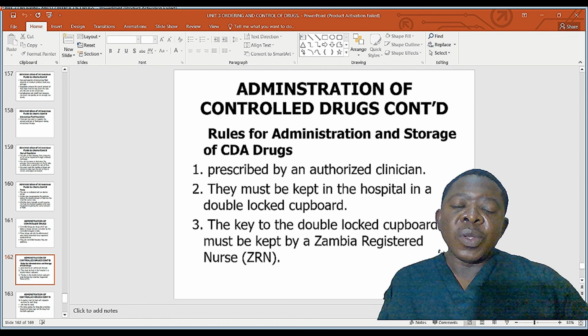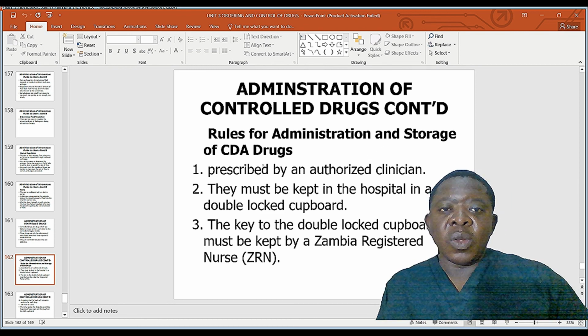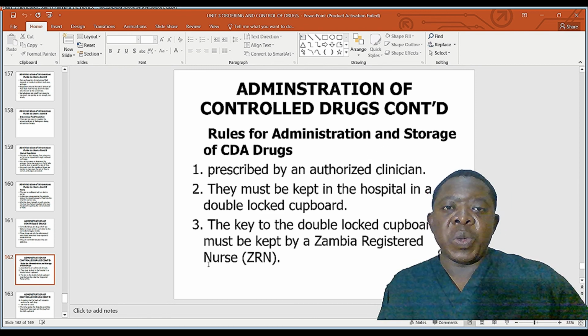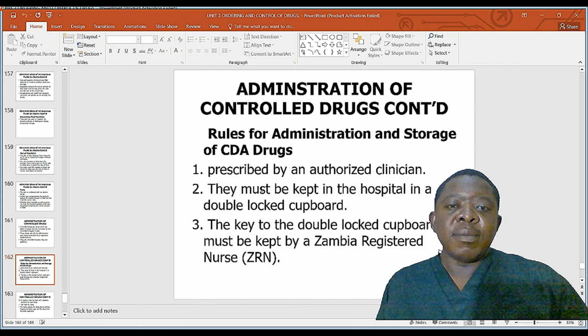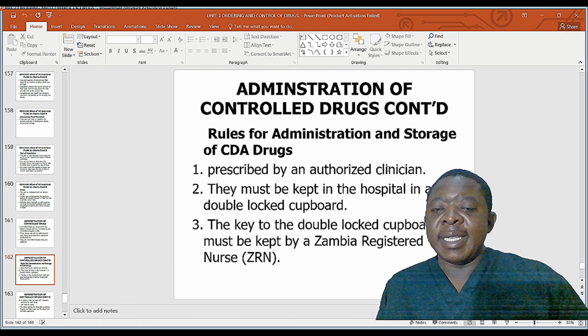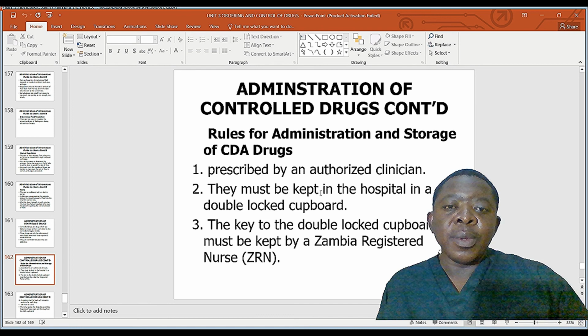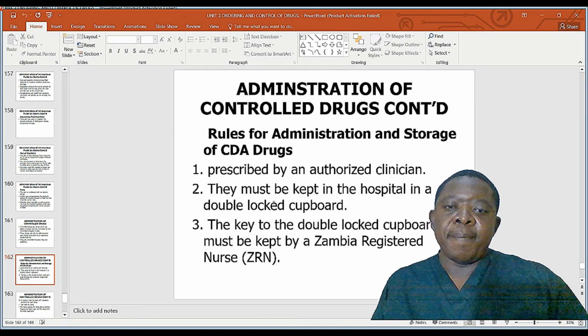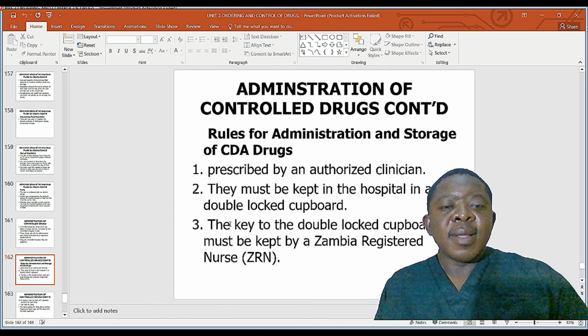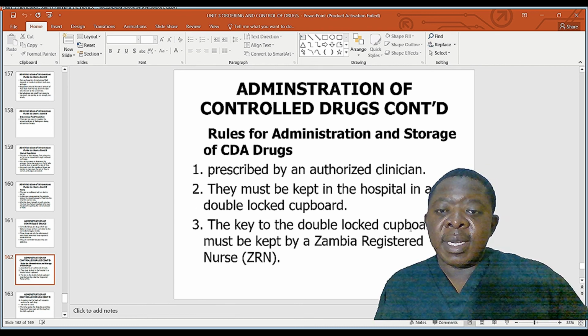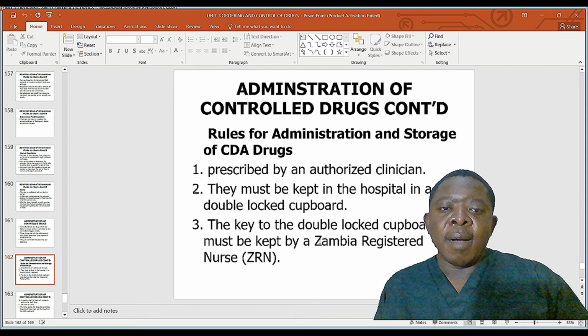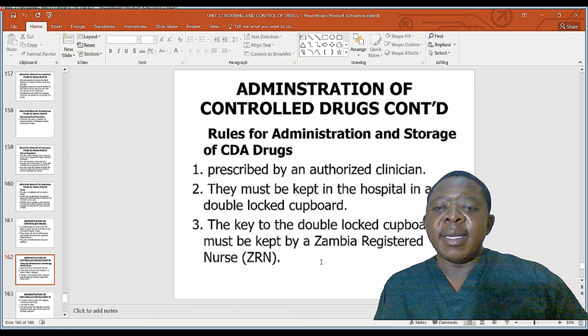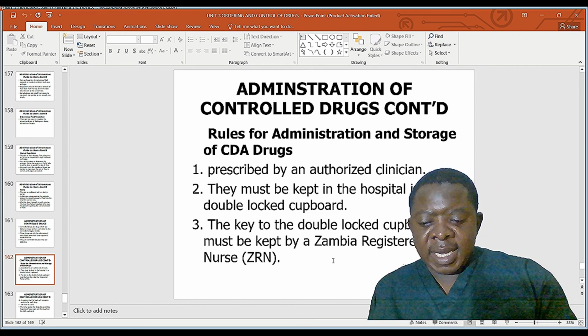Okay, so some of the rules of administration and storage of controlled drugs may include the following. One, they should be prescribed by an authorized clinician. Two, they must be kept in the hospital in a double-locked cupboard. Number three, the key to the double-locked cupboard must be kept by a registered nurse.